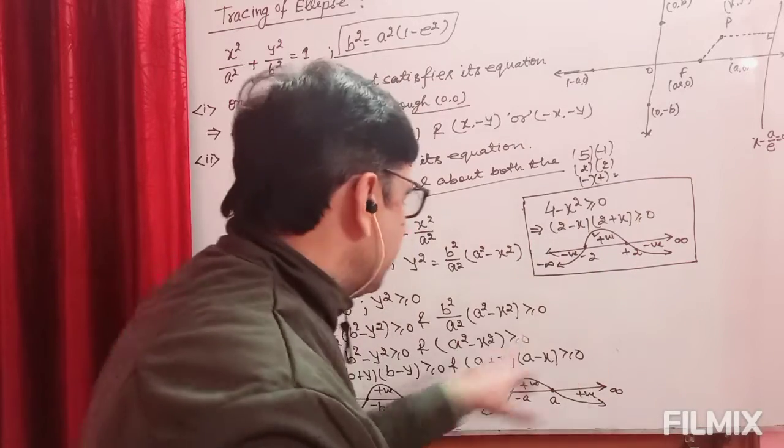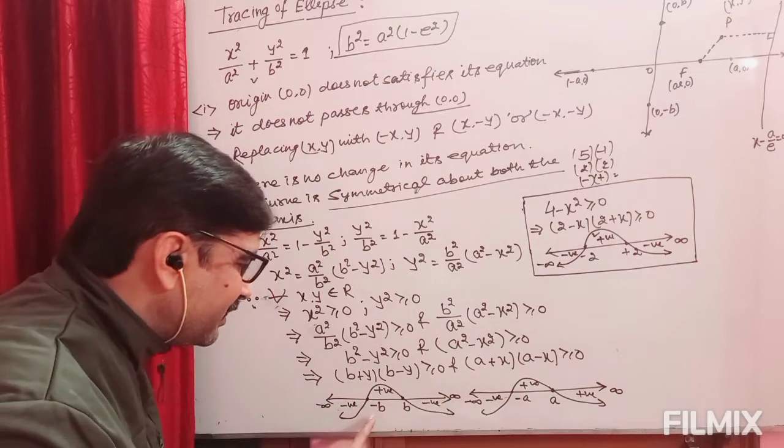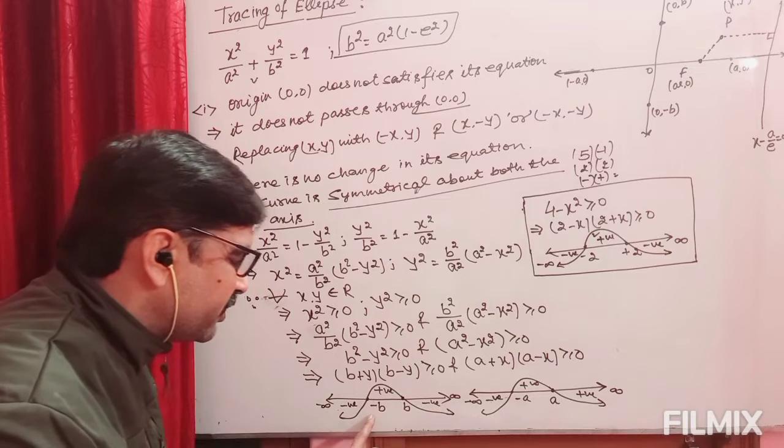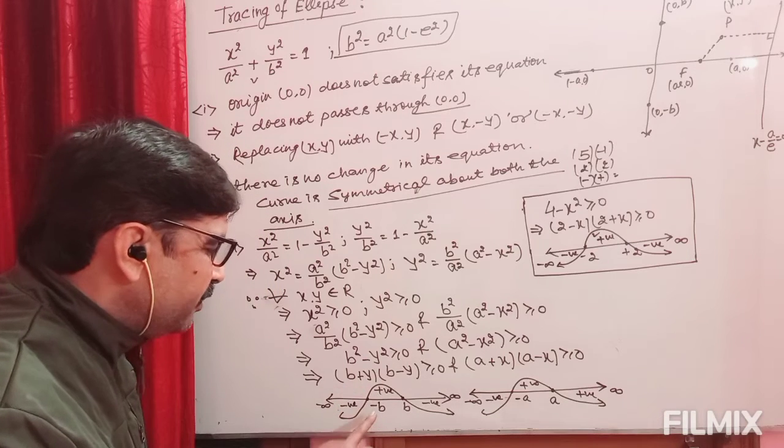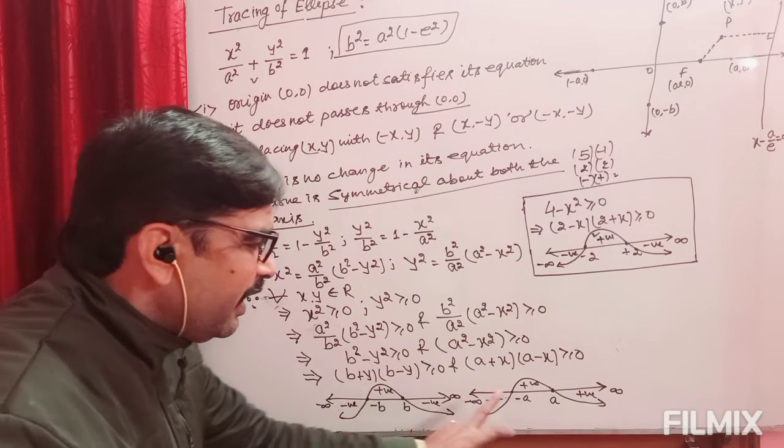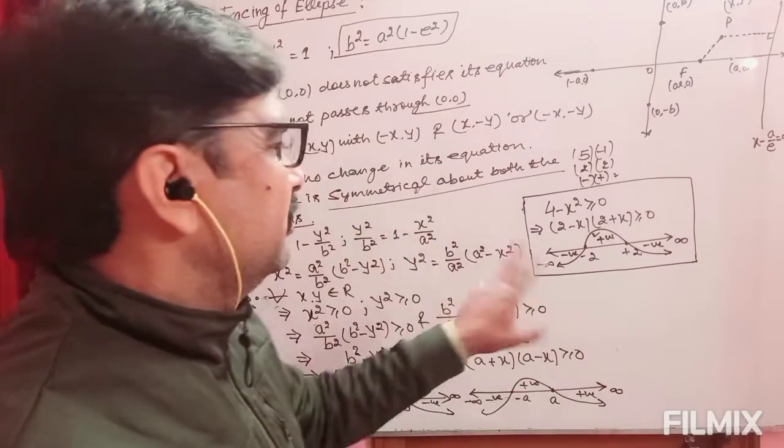So for any such equation like this and this, you can write the same situation simultaneously. The variable lies between -b and b and -a and a.